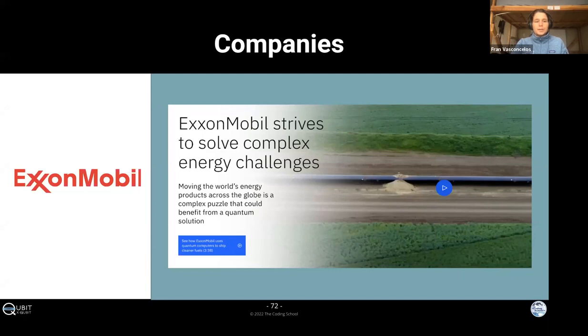We'll go through a few examples, but there's tons more than we'll have time to go into. One example is ExxonMobil, which is basically using these ideas of quantum simulation to try and develop better means of generating fuel and more efficient, I guess, fuel processes.